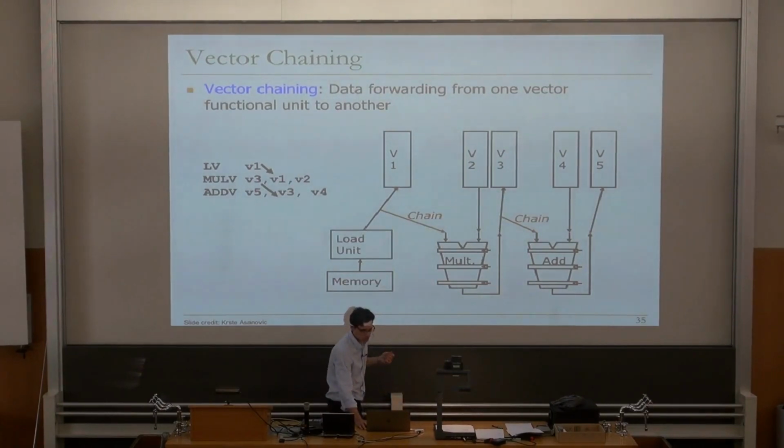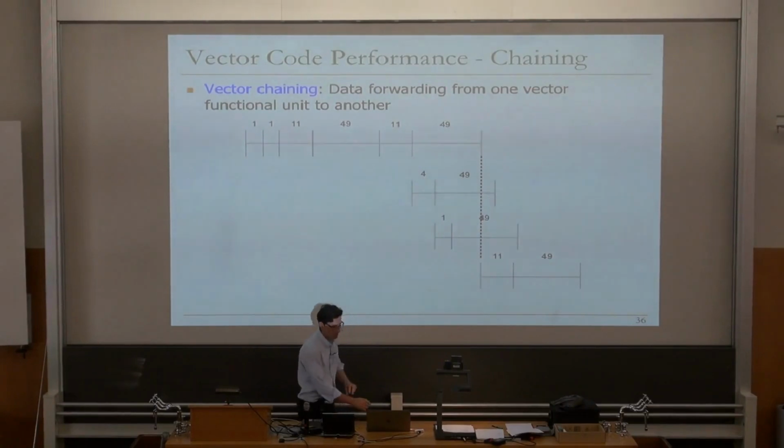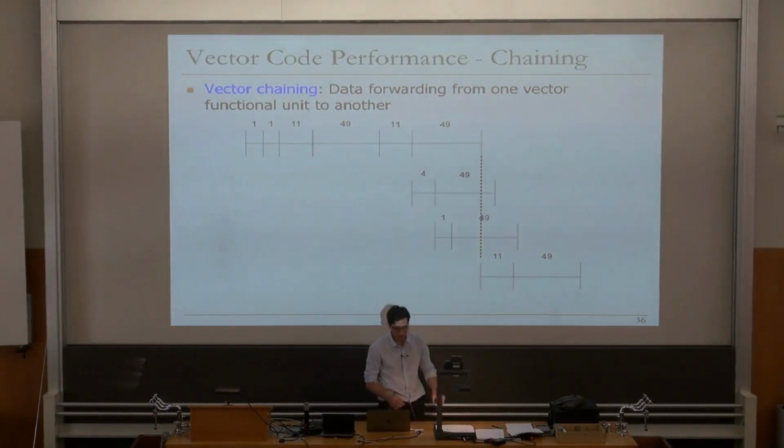So what if in our previous example we apply vector chaining? This means that we don't have to wait for the entire load to finish before we start the execution of the addition. As you can see, as soon as the second vector load finishes for the first element in this load, right after these 11 cycles, we can start the execution of the addition.